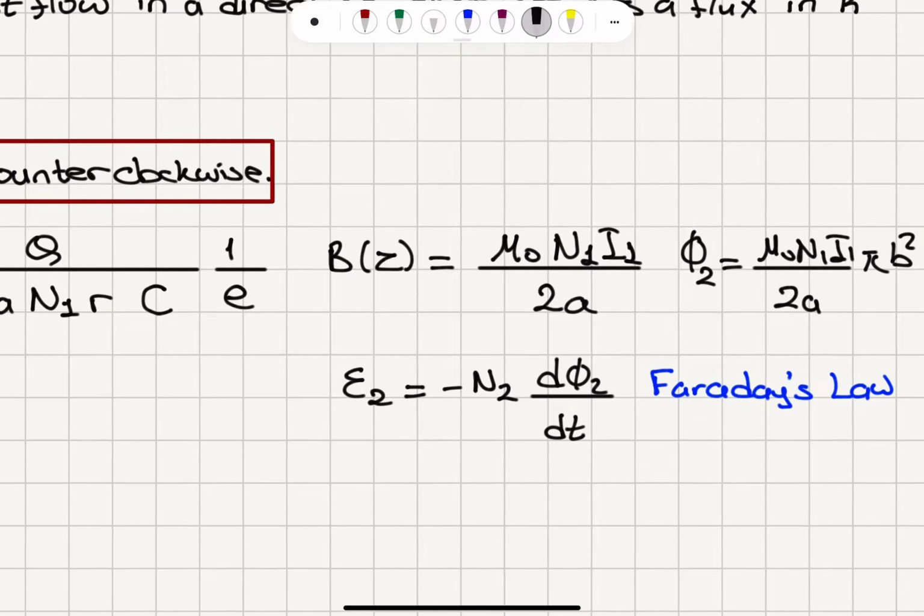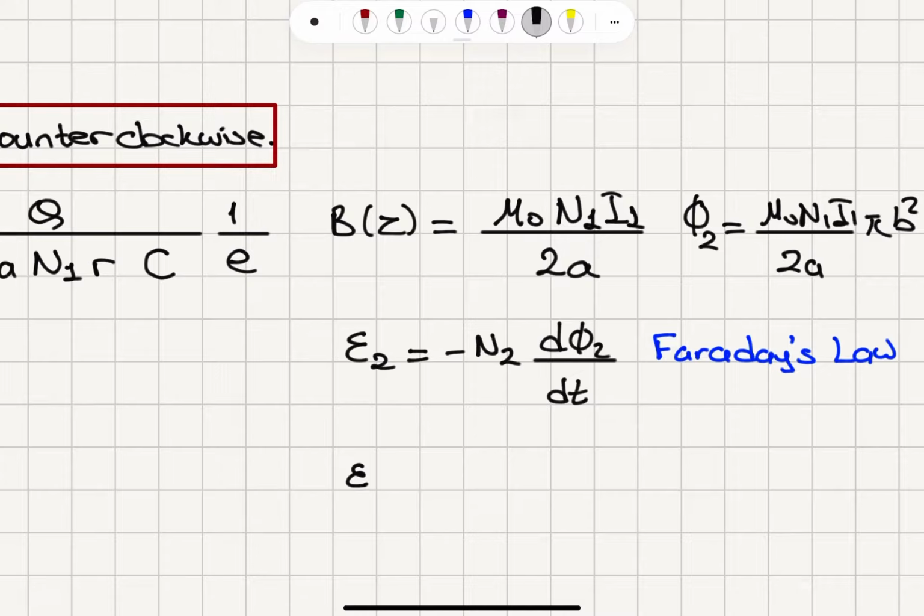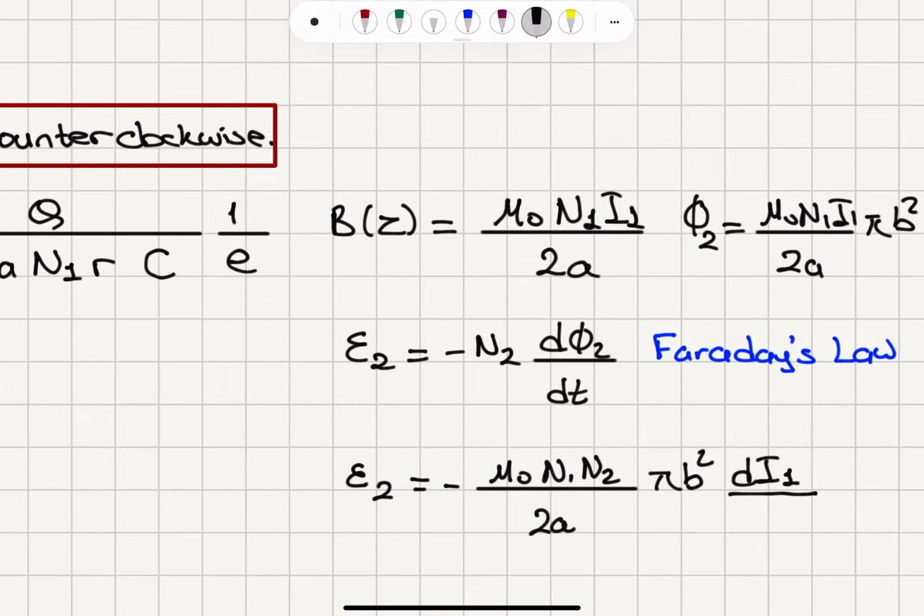So you can see that epsilon 2, the induced EMF in the second coil, is minus mu0 N1 N2 divided by 2a, pi b squared, di1 dt, because the time dependence comes from the current.